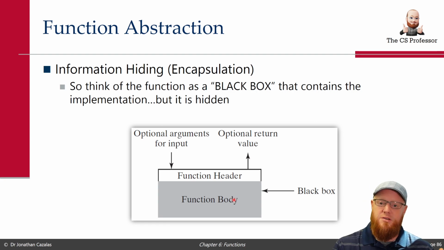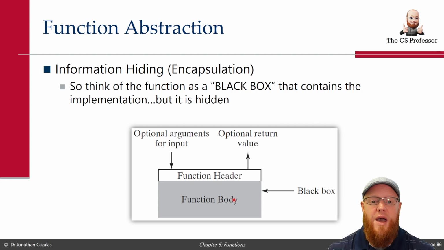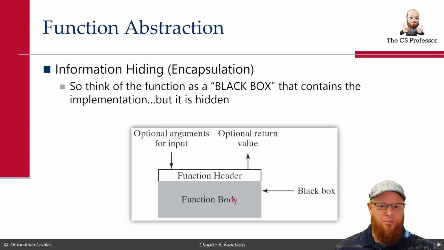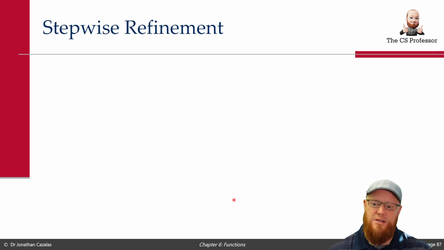All we need to know is we're going to send to that function parameters, and that function is going to return to us an answer, some results. What actually happens in there, that's up to you. That's up to the developer. This is the idea of function abstraction, because now we can separate the solving of those particular problems from the usage of those functions that solve them.